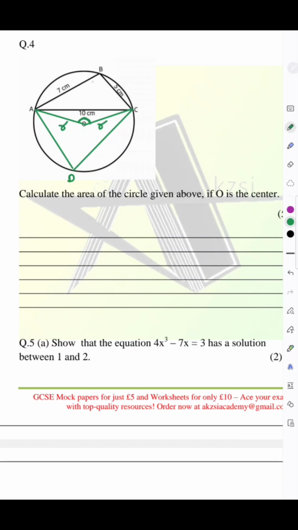So I can easily calculate this angle because I have all the 3 sides. So applying the cosine rule, I can calculate this angle, and opposite angles add up to 180 degrees, so I can calculate this angle. And also according to the first theorem, the angle at the center is always twice, so if I know this, I can calculate this angle. So yes, we can do it. So try to work out the things.